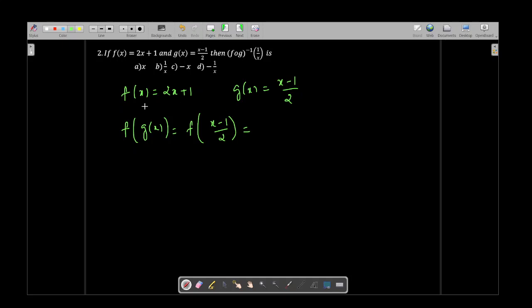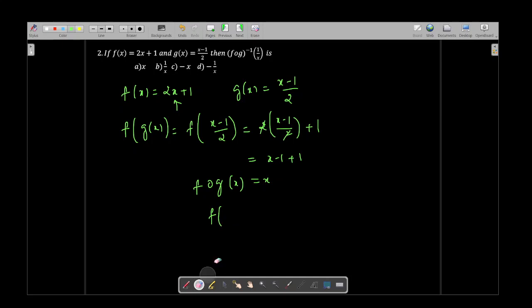So in f, put x minus 1 by 2 in place of x: 2 times x minus 1 by 2, plus 1. The 2 and 2 cancel, so we get x minus 1 plus 1, which is equal to x. So f of g of x is x.